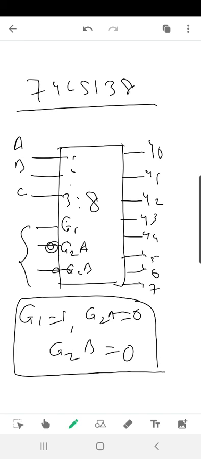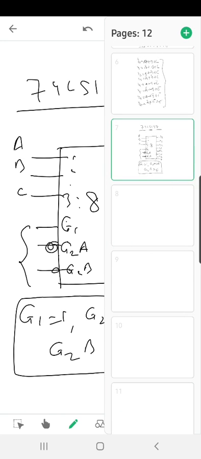To understand the operation, we will design the function table of this IC using our input pins and our enable pins. First, let us understand one thing.